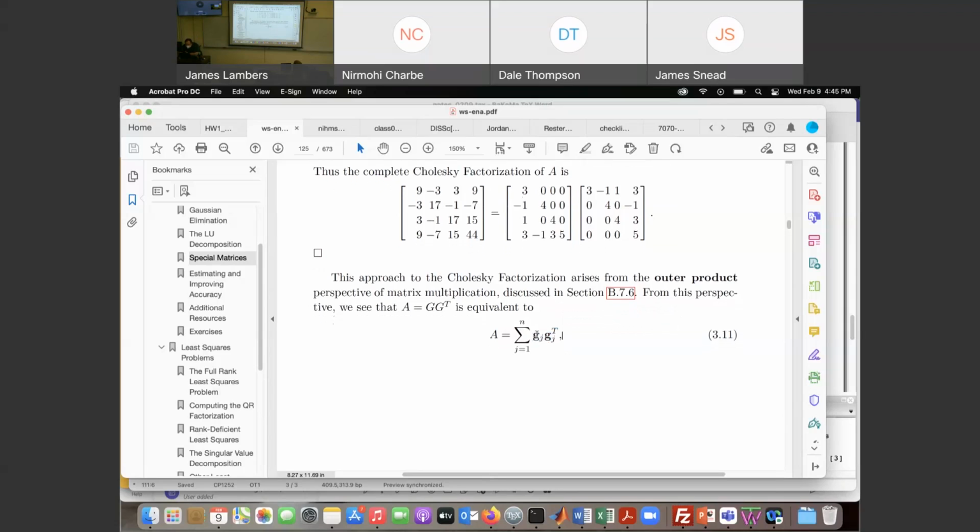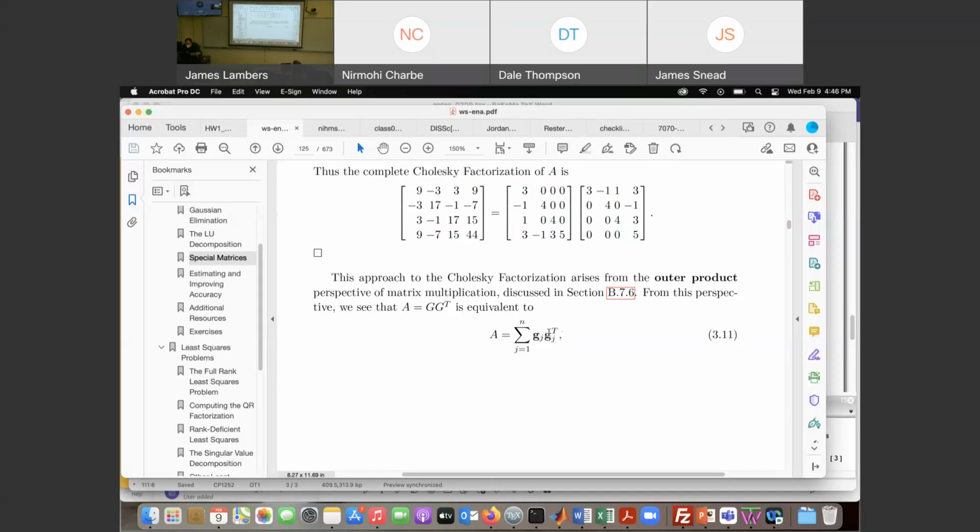But the thing is, with G being lower triangular, G1 could have every entry non-zero, conceivably. G2 always has the first entry equal to 0. G3 always has the first two entries equal to 0, and so on. The consequence is that each one of these outer products has a smaller and smaller non-zero portion.